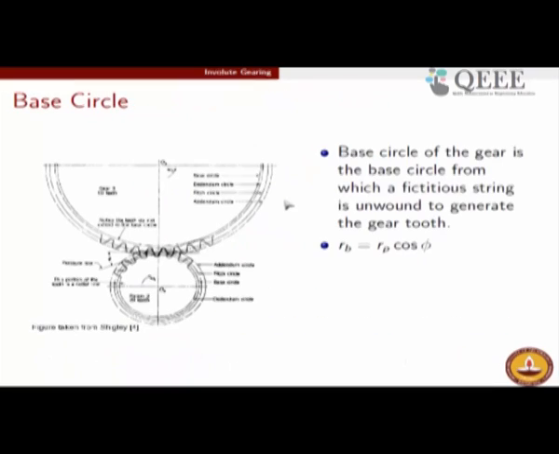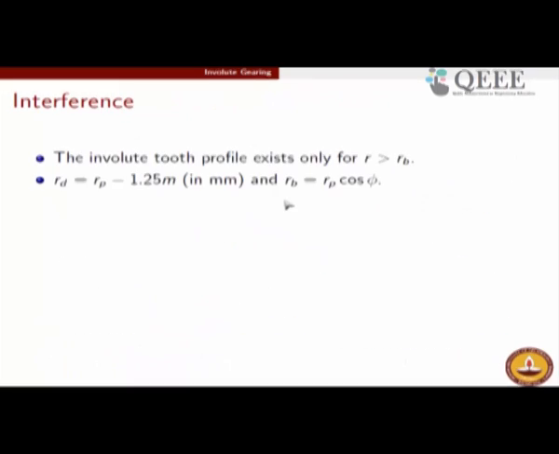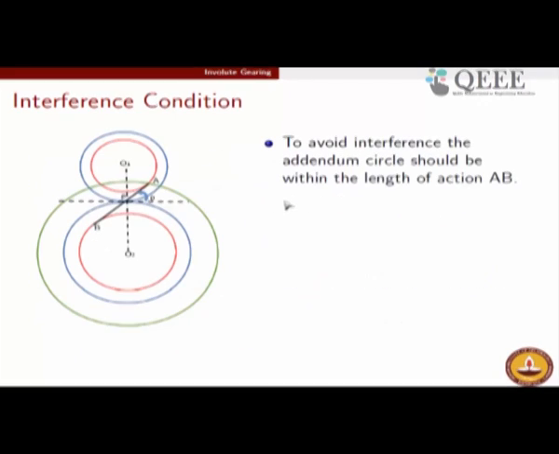So what we have to make sure is that the addendum circle never crosses this point A, from the perspective of the pinion. This is the critical region: the addendum of the mating gear should not cross this point A. If it crosses, then it will not see an involute action, and therefore there will be interference.